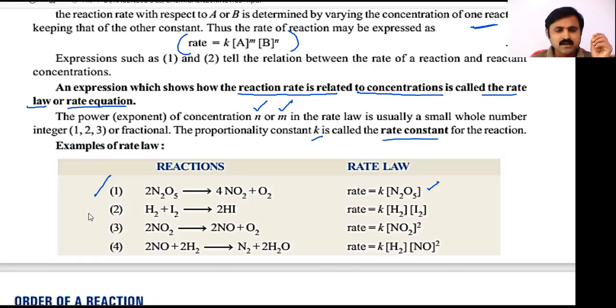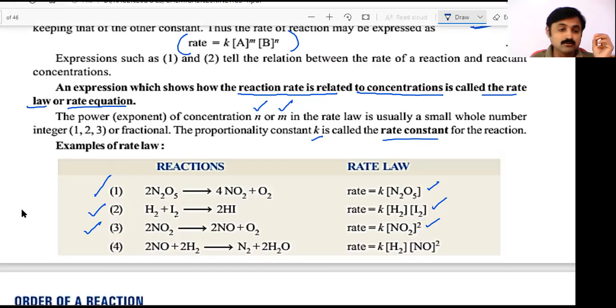For the hydrogen iodide formation reaction, the rate equation is given as rate equals K times the concentration of H2 times the concentration of I2. For the NO2 decomposition reaction, giving 2NO plus O2, the rate is K times the concentration of NO2 to the power 2. Here 2 is the exponent of the concentration of the reactant NO2.